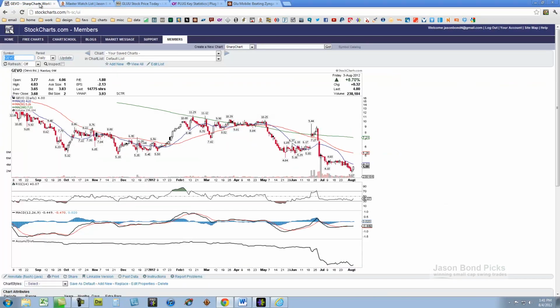Gevo is trying to come up with a breakthrough product, and it takes money to do that. And when they need more of it, they offer shares to institutions, etc., to raise capital. So they're essentially raising money. They're selling stock to raise money, right?